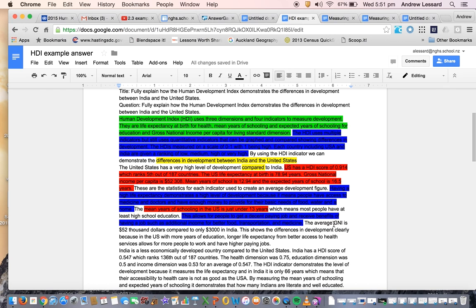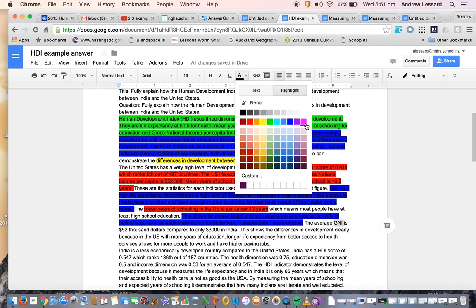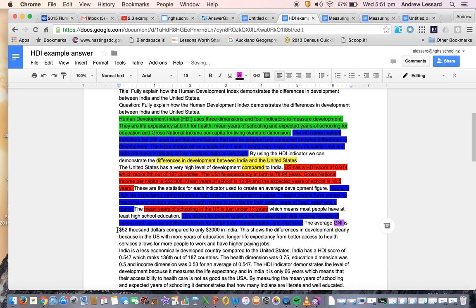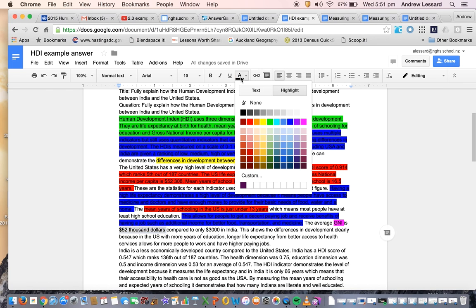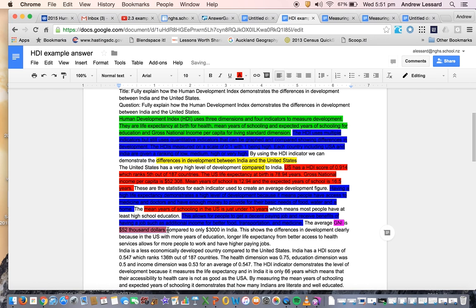So GNI is an example of a geographic term. $52,000 is obviously evidence compared to. Right, so again, I'm comparing the 2 countries to only 3,000 in India.